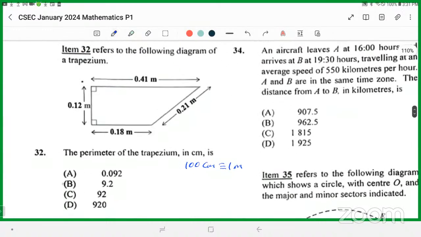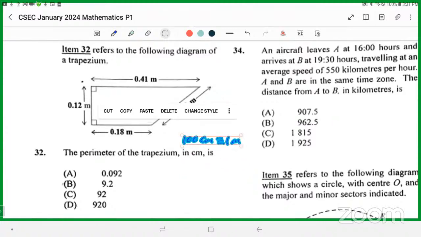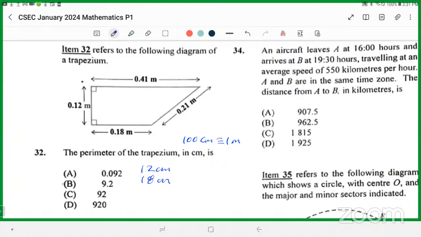This side is going to be 12 centimeters. This one is going to be 18 centimeters. This one will be 21 centimeters. That's going to be 41 centimeters.